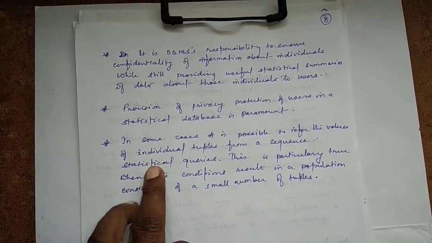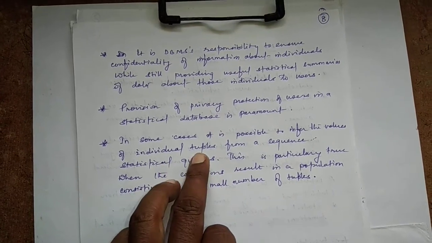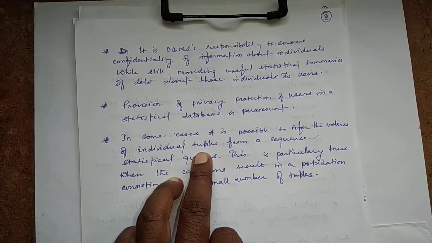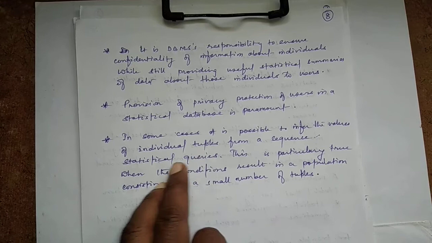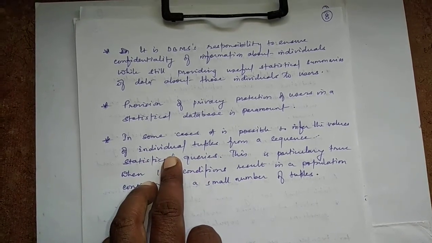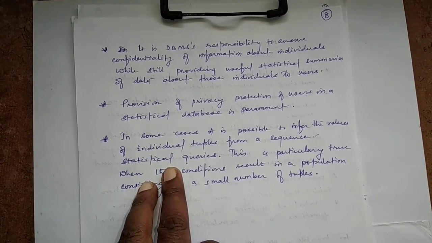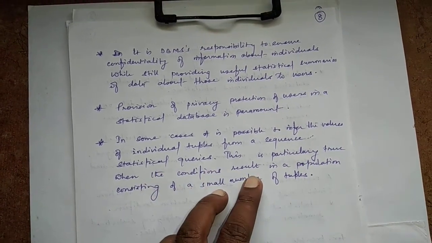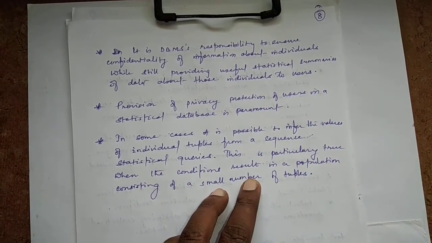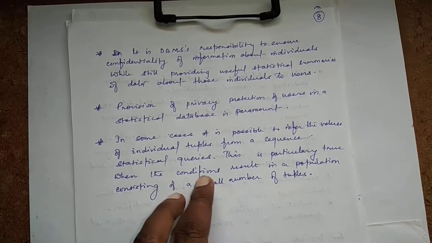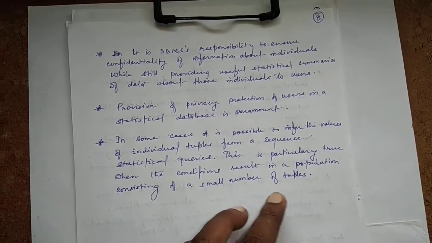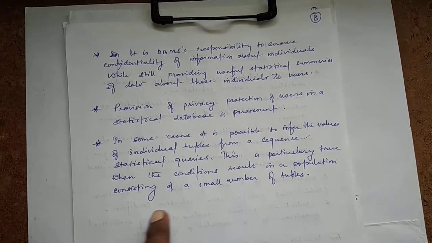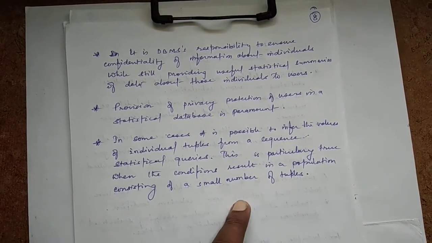Third is in some cases it is possible to infer the values of individual tuples from a sequence of statistical queries. This is particularly true when the conditions result in a population consisting of a small number of tuples.